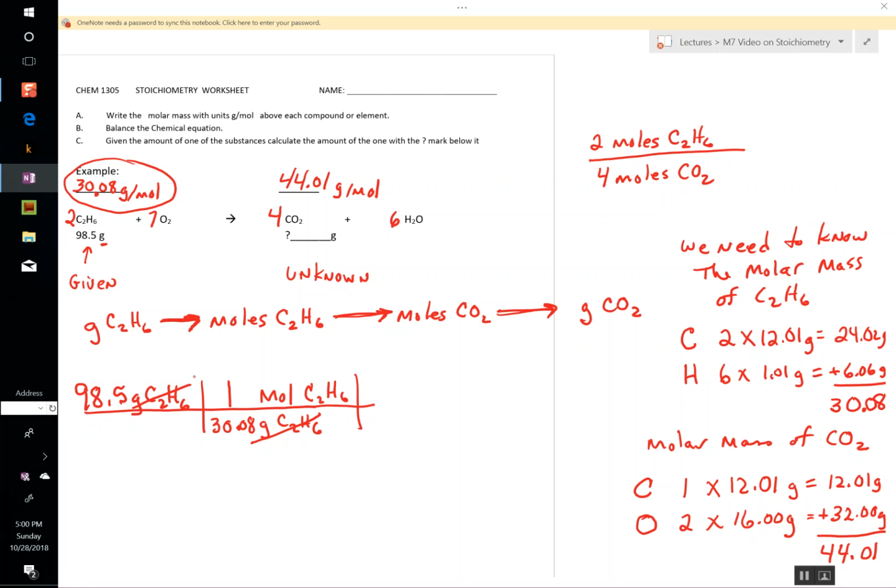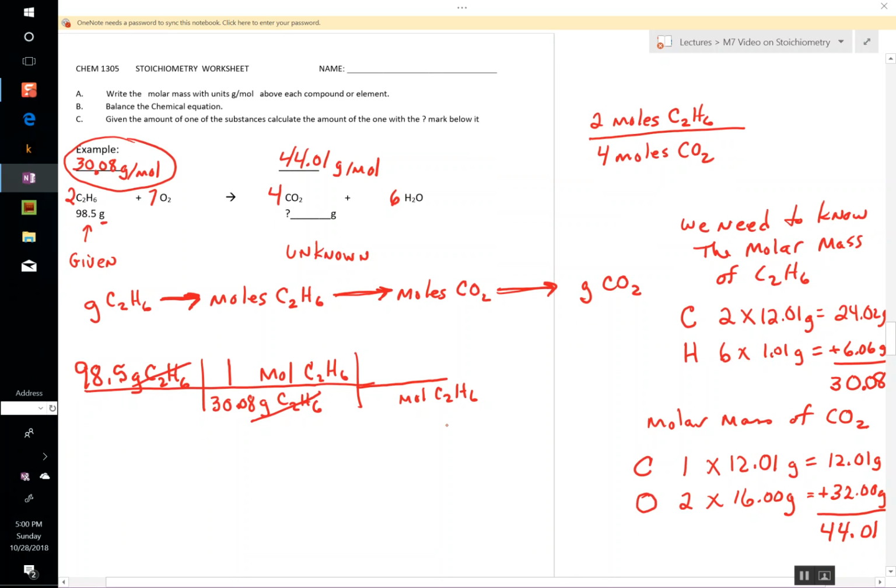Now I want to convert the moles of C2H6 to moles of CO2. Well, moles of C2H6 need to come down here, so it will cross out with what's in the denominator. And moles of CO2 need to be in the numerator. And what are those numbers? Well, the balanced equation says 4 moles of CO2 will be produced for every 2 moles of C2H6 that reacts. And notice where we are right now. We've gotten to our second step.